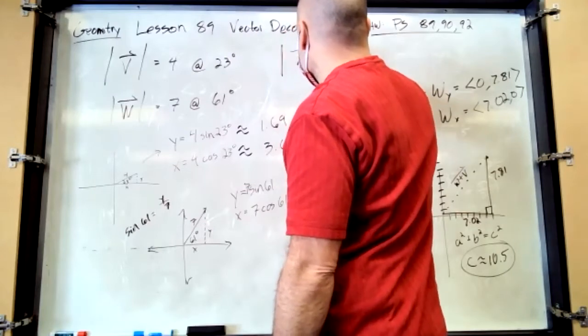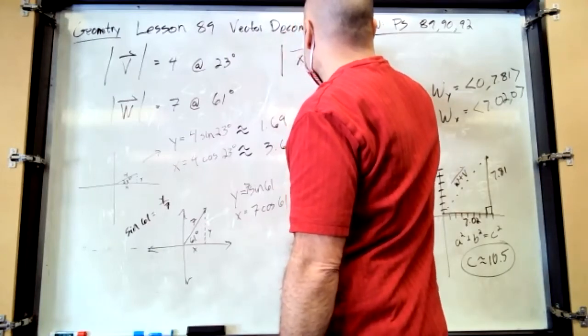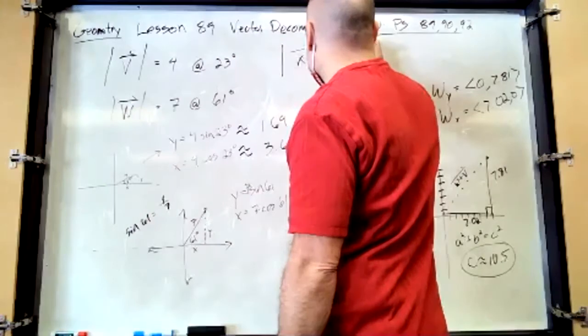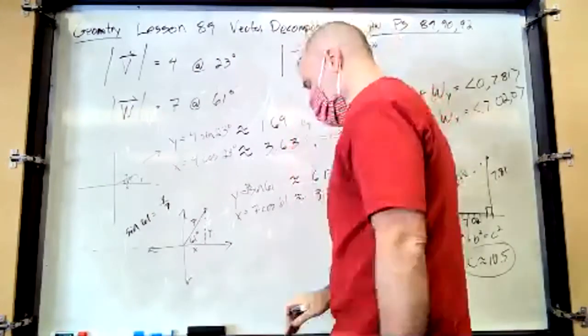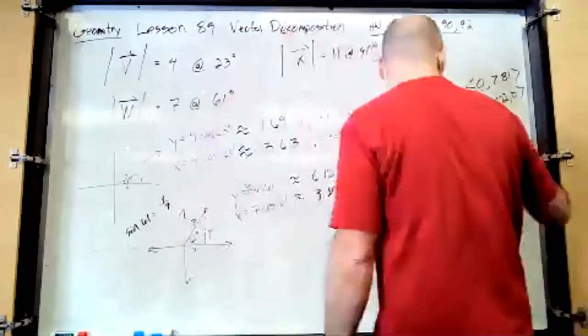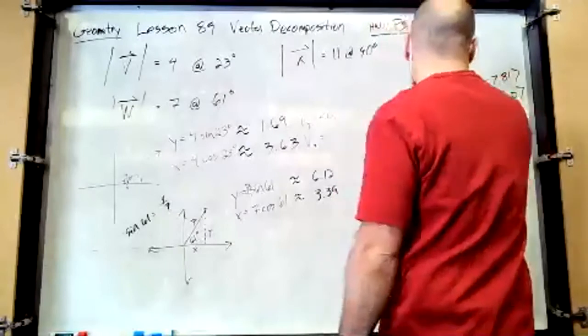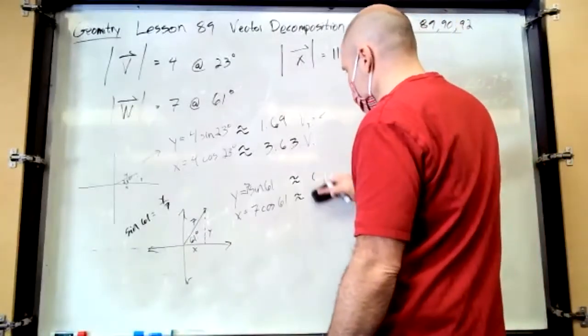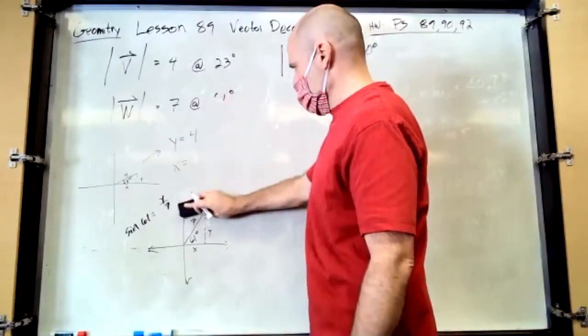The magnitude is 11 at 90 degrees. What does that vector look like? It's straight up. Yep, it goes straight up. So how do you calculate the magnitude of that? You don't. There's no x value. It's just y.